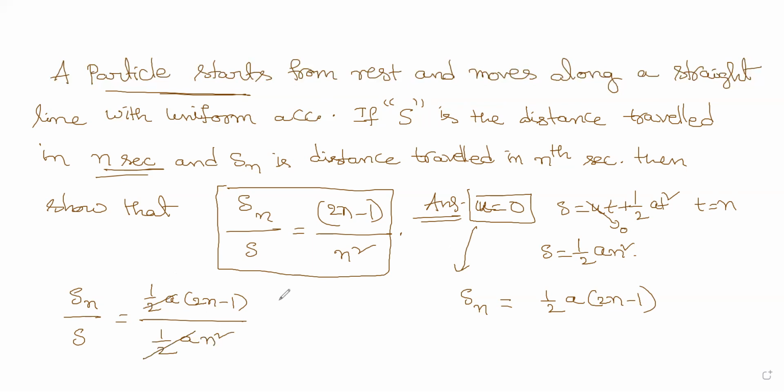Half a is out. So you have 2n minus 1 whole divided by n square. That's it. That's how you find the ratio.